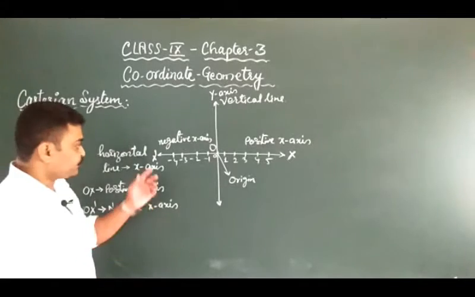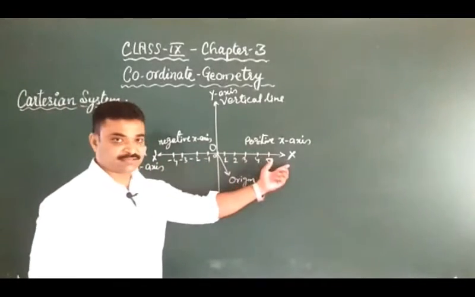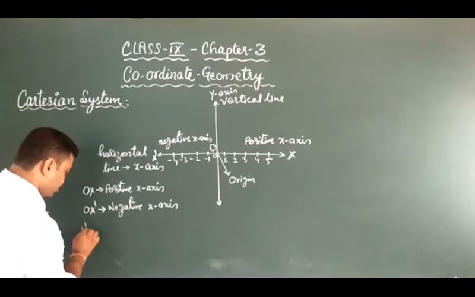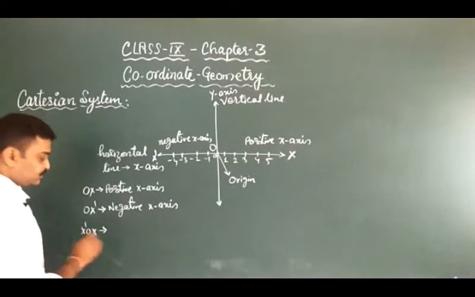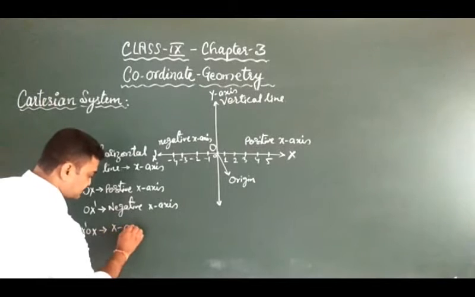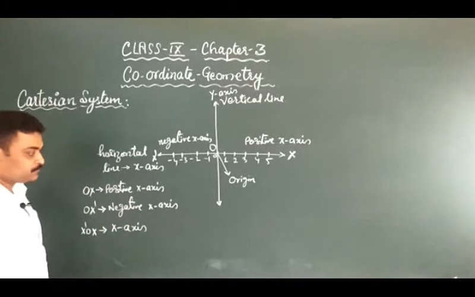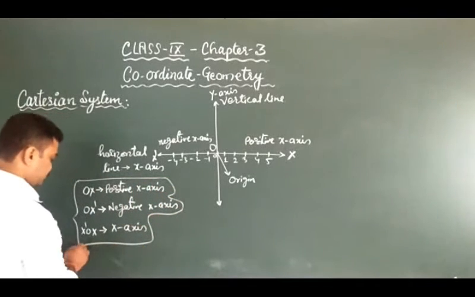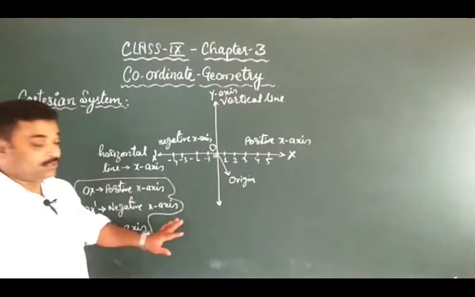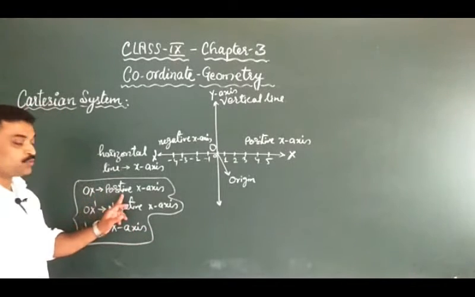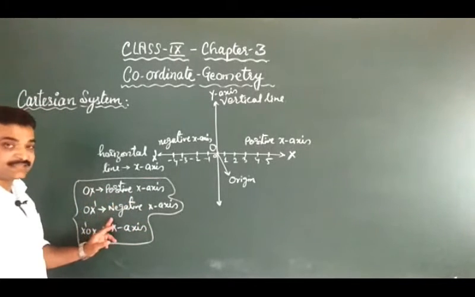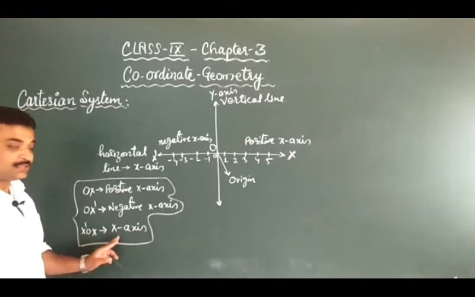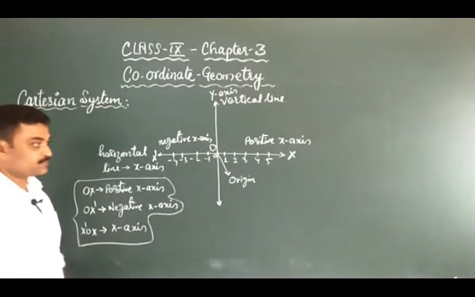But if I say x dash OX, this full length is called x-axis. Clear? So here you have to be very clear. OX is positive x-axis, OX dash is negative x-axis, and x dash OX is total x-axis.